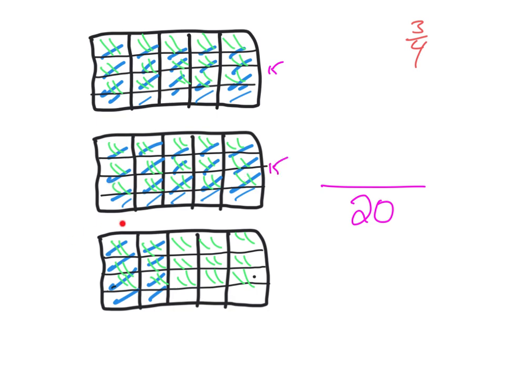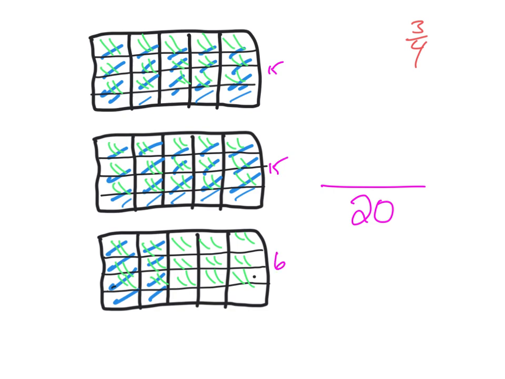And finally, we'll check out this last one. It's not going to be 15 here because we have 1, 2, but not this one, 3, 4, 5, 6. So there's a total of 6 here.